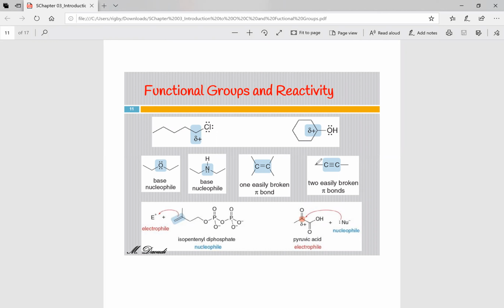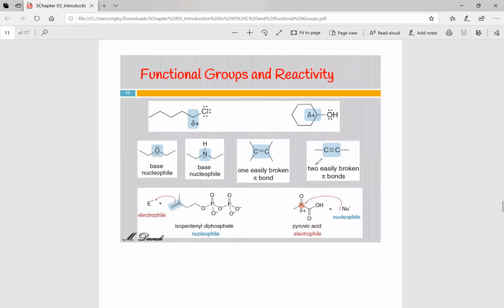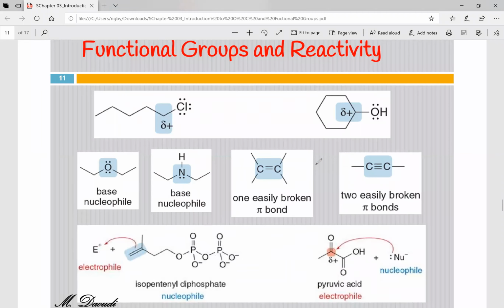The functional groups cause carbon-based molecules to be reactive, and we can see here that in this case the oxygen, or the OH group, the hydroxy group, and the chlorine, or the halide group, make the carbon they're attached to partially positive, which will make it more susceptible to be attacked by something called a nucleophile, which just means something that's nucleus loving.